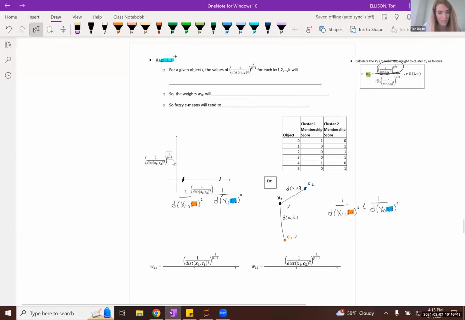Or basically, as we raise those squared reciprocal distances to 1 over p minus 1. Okay, so setting up another Calc 1 question for you all. So we want to ask ourselves, what happens to our exponent, 1 over p minus 1, as we approach 1 from the right? So what does this value go to?